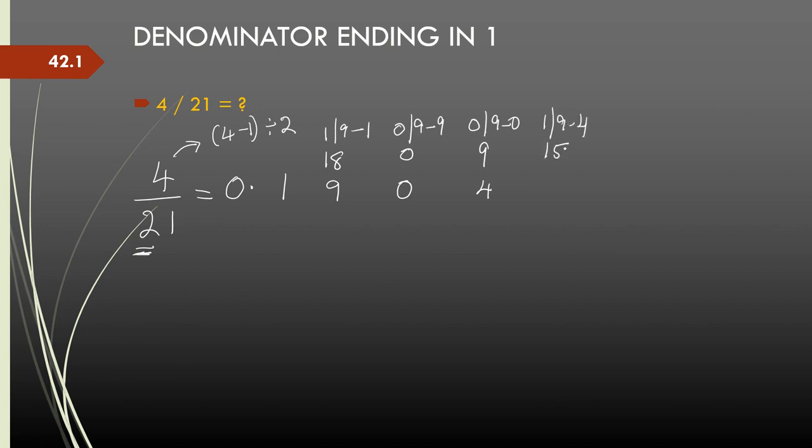So, this is 15. 15 over 2 is 7, 1 is the remainder, 9 minus 7. So, this becomes 12. 12 over 2, 6 is the remainder, 0, and 9 minus 6 is 3. So, this is 1 times, and 1, 9 minus 1, 18, this is 9 times.